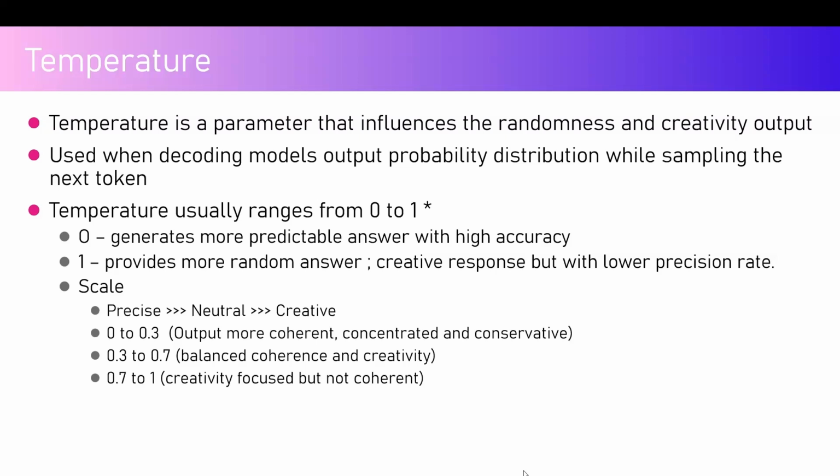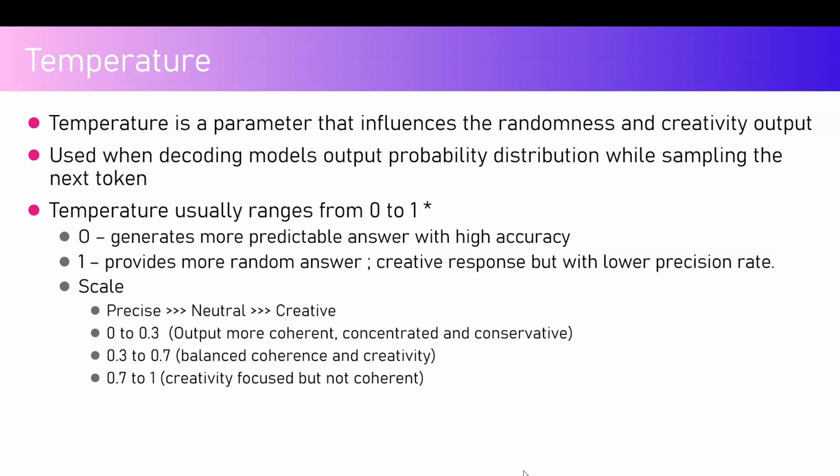Precise answers are useful when you are asking for some factual information, and creative responses are useful when you want the model to generate some ideas or some responses which are not available out of the box, which need some thinking, which need some visualization. For those kinds of things, you need to range the temperature between 0 and 1.